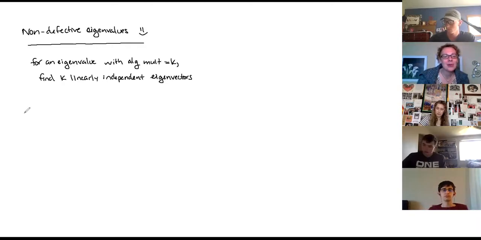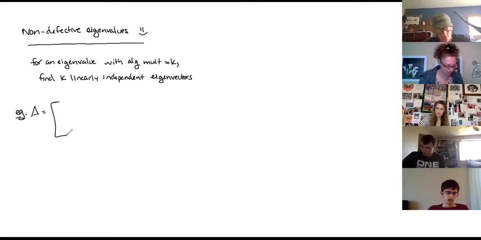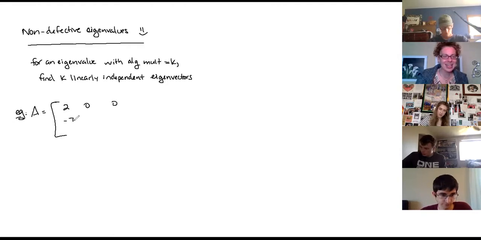So let's go back to my original example with my matrix A. Let me copy it down again since I don't have my chalkboard up and I'm tired of writing on a whiteboard, but here we go. A was 2, 0, 0, -7, 9, 7, 0, 0, 2.